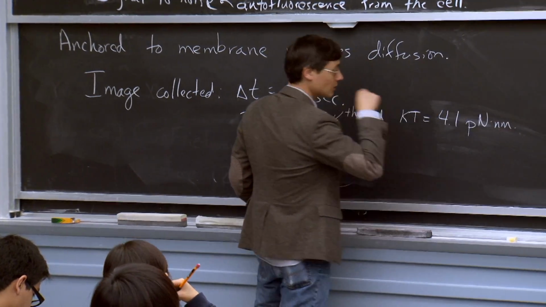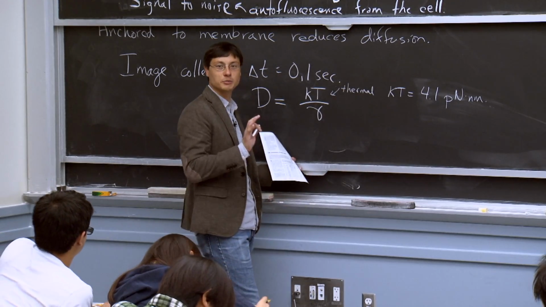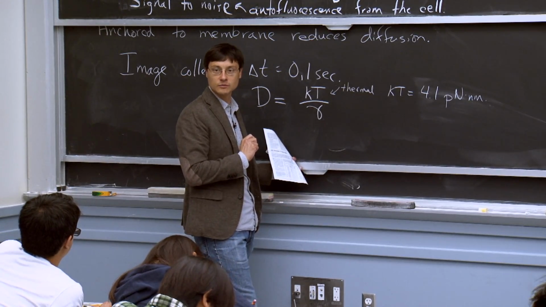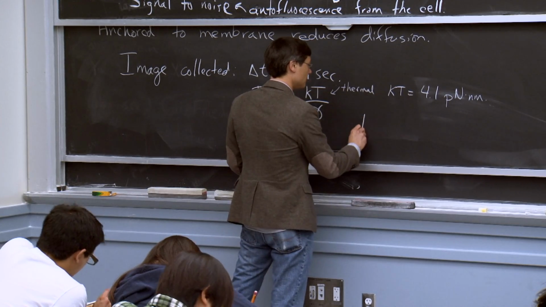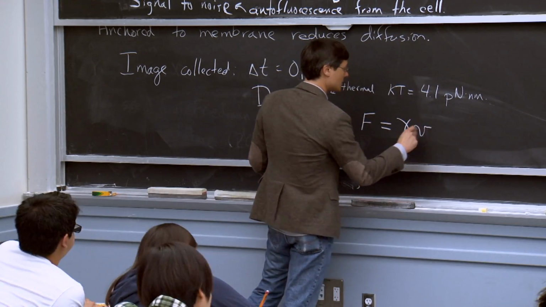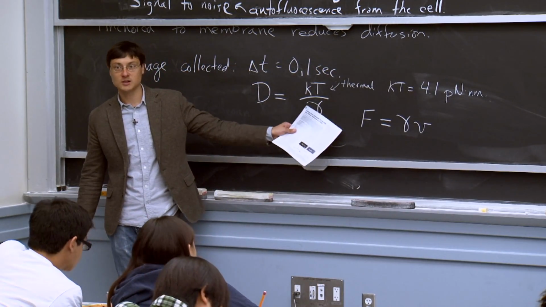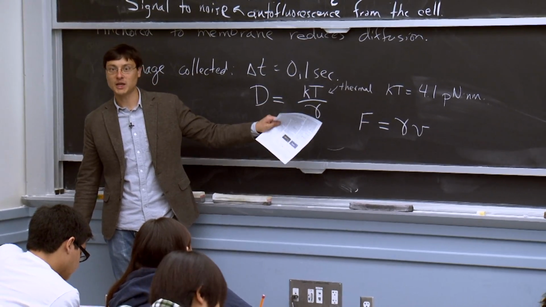There are many different ways you can write that. Whereas gamma tells us just how hard it is to push something. In particular, if you push something with some force, it will move with some velocity. Now, is this consistent with freshman mechanics?